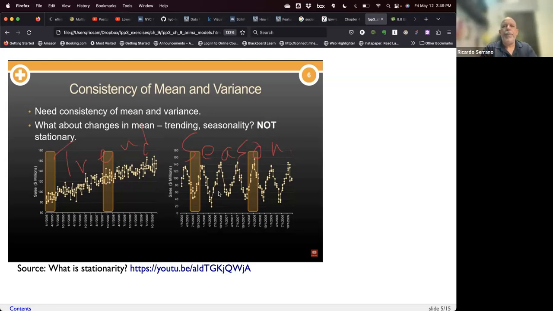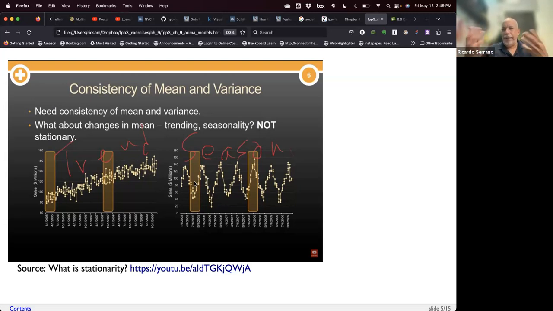Okay. Then on the one to the left, there's no trend here, right? If you get a mean across each of these numbers, you see that the mean is going to be very uniform. And also, probably the variance is going to be uniform. Also, you don't see spikes within the seasonality. What is happening here is that depending on the period, the numbers go down.